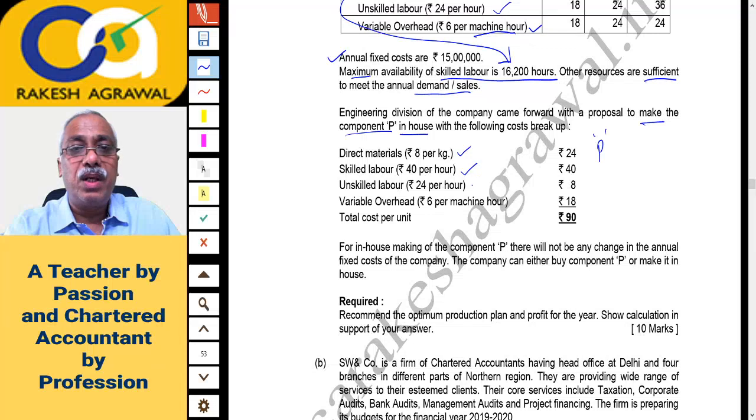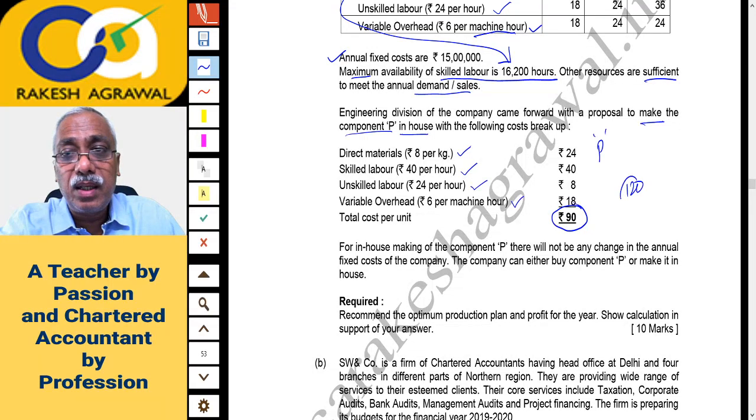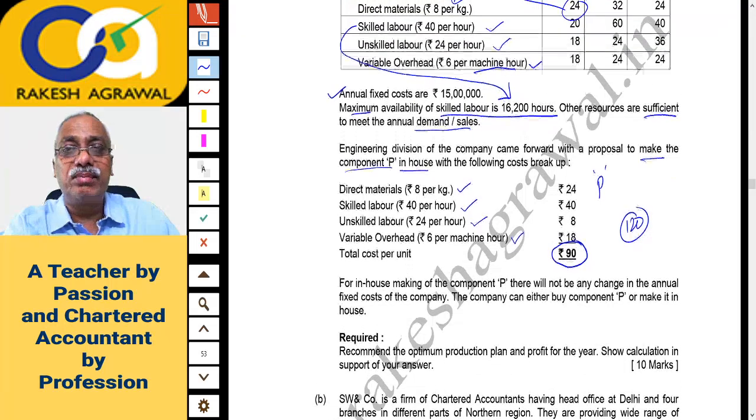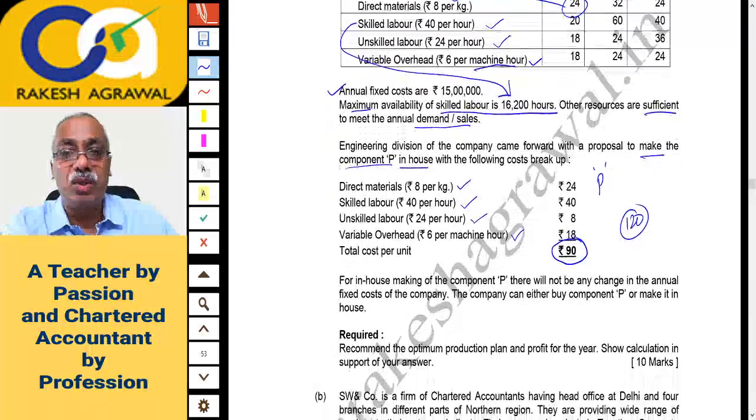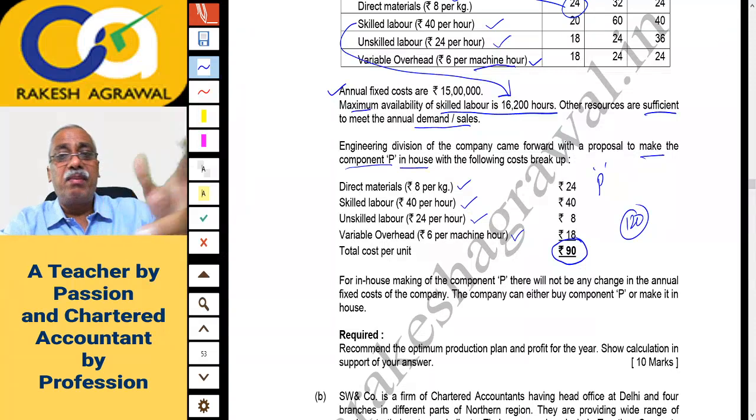Skilled labor, unskilled labor, and variable overheads at 6 per machine hour, and total cost. This is variable cost. So you can manufacture it at 90 rupees, whereas your outside purchase price is 120. So naturally your manufacturing cost is lower than purchase price. So prima facie you will notice that it is cheaper to manufacture.